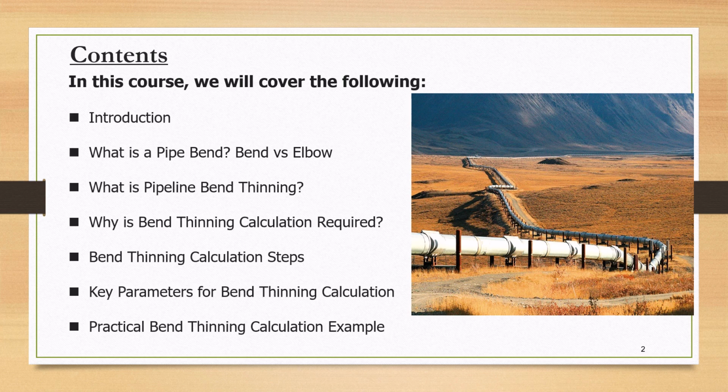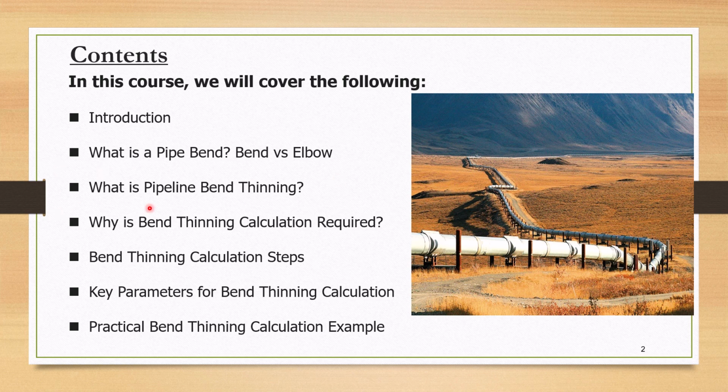Now the main topics that I will be covering in this course are: first, an introduction; then what is a pipe bend and what are the main differences between a bend and an elbow.